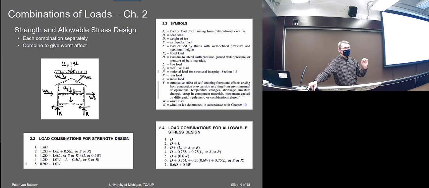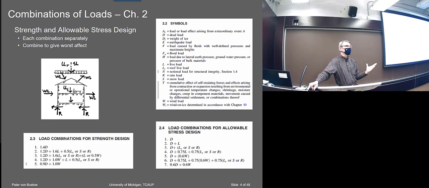You have a gamma factor on the loads, and you have a C factor or whatever it is on the stresses. So you've got your safety factor more precisely tuned to the situation.